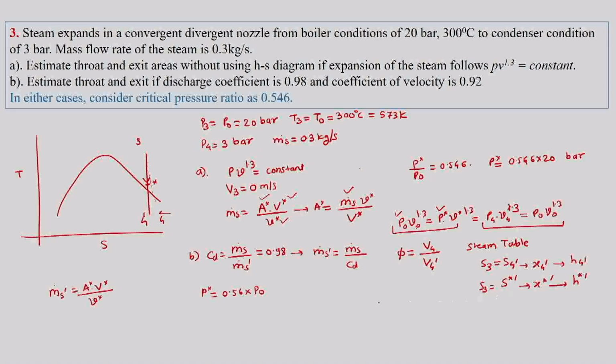Then knowing this we can use the formula V star dash is equal to 44.72 times the square root of H naught minus H star dash. This H star dash is known to us, H naught is known to us, we put them here, and then we know V star dash.